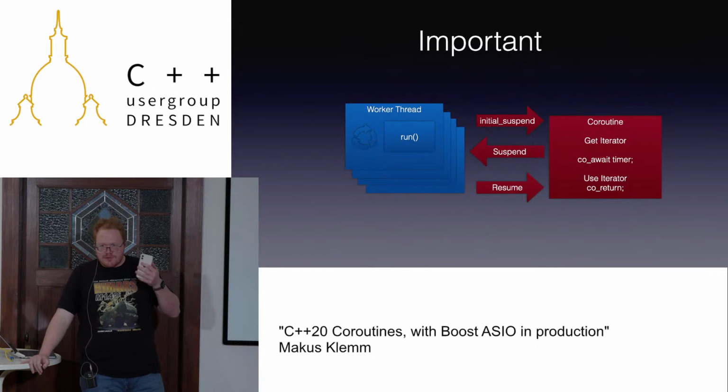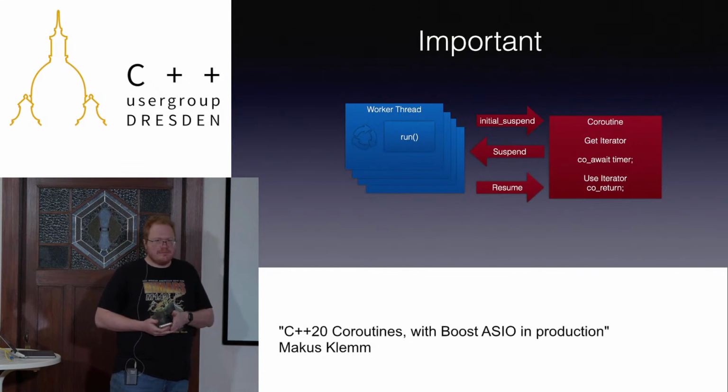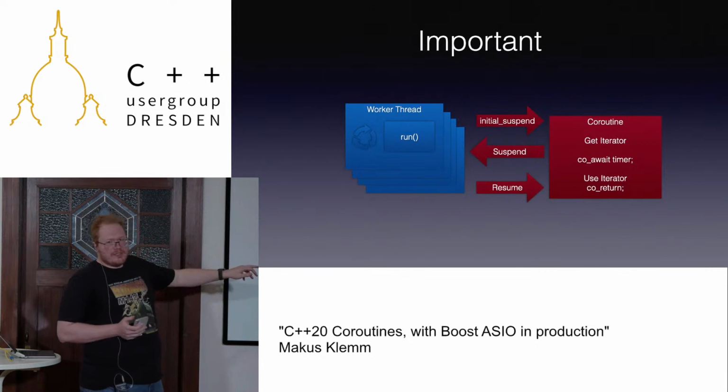So whenever you hear strand, you can hear mutex, but the important thing is, during the co_await, during the time where the coroutine is suspended, the strand will also be released.